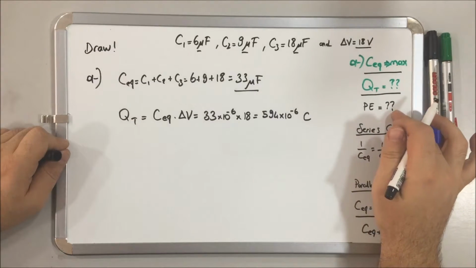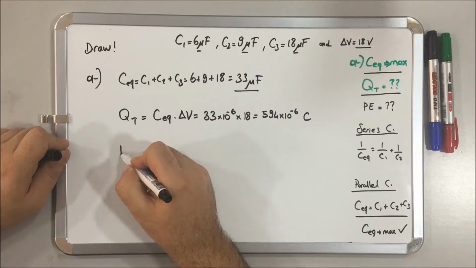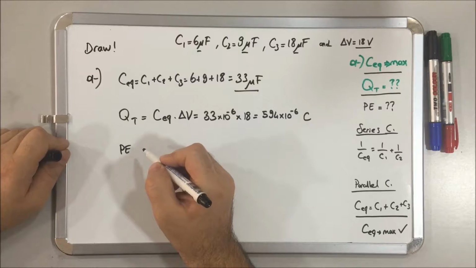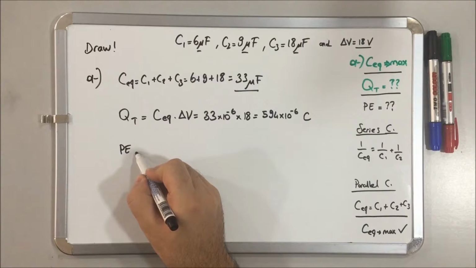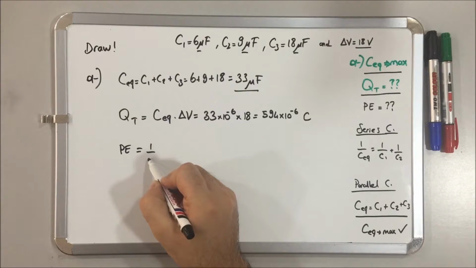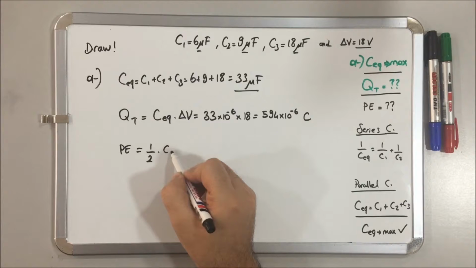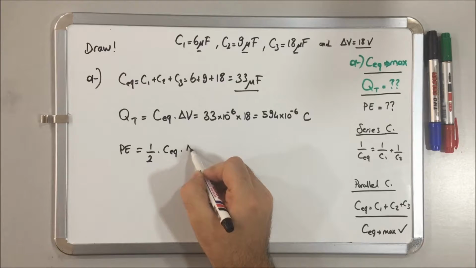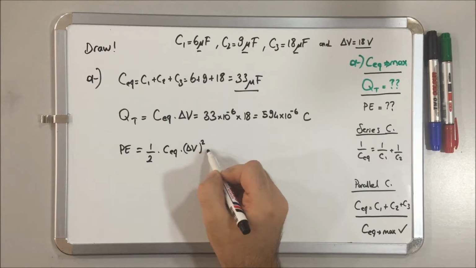And the question also says calculate the potential energy, the stored energy. PE equals half times C equivalent times delta V squared.